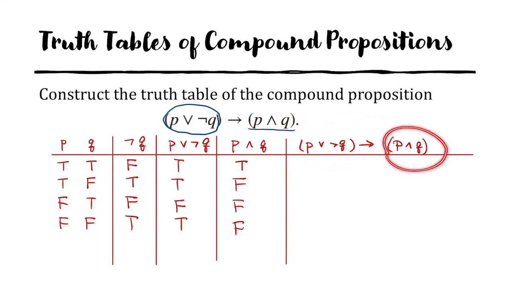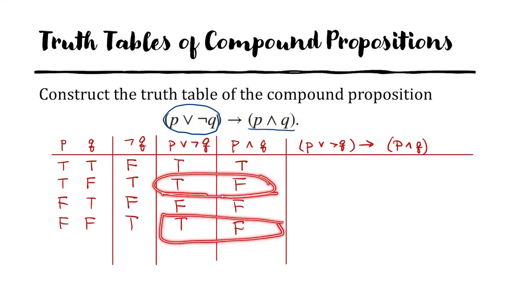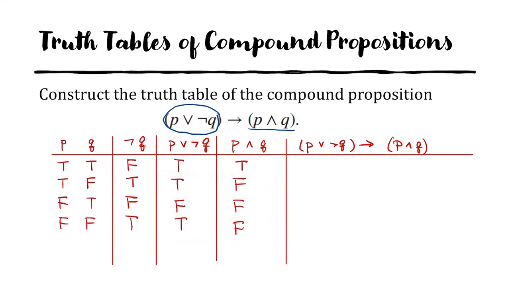So you want to find the scenario where the first part is true and the second part is false. If you look at the second row, the hypothesis is true and the conclusion is false. Same thing with the last row. So the first row will be true, the second row will be false, and then true, false.